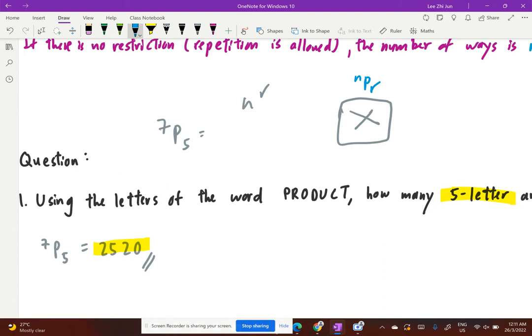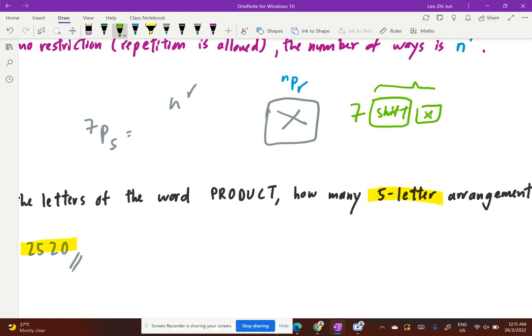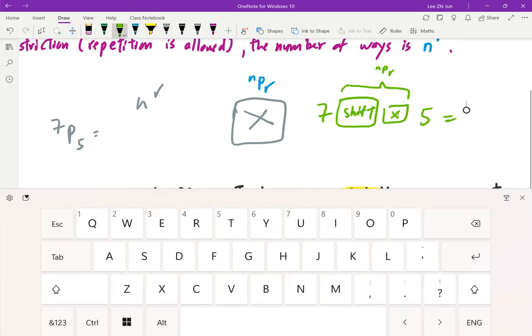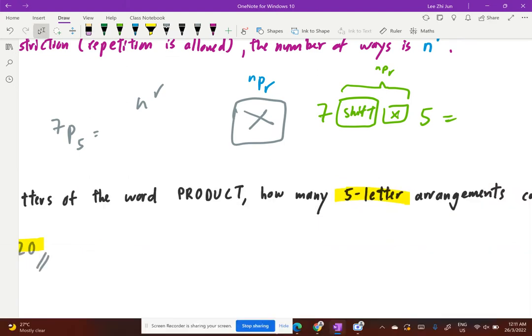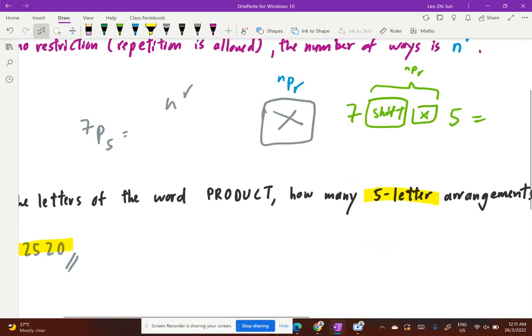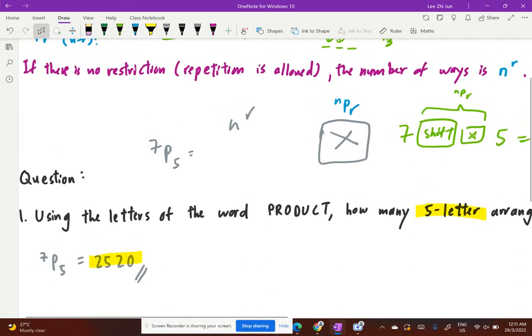To type this nPr, you press 7, then shift, multiply. You will get nPr, and then you press 5, and then press equal. So you will get the answer 2,520.